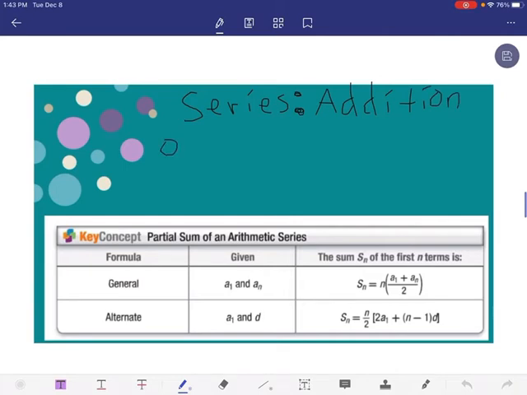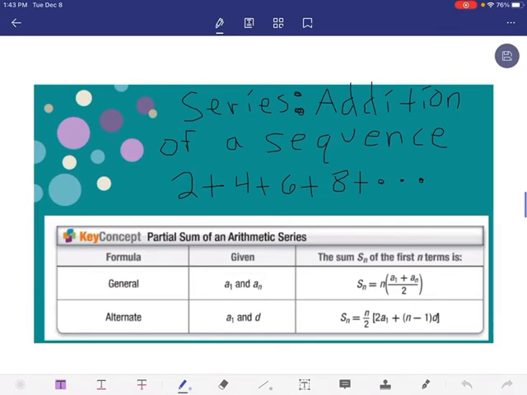So it is the addition of a sequence. So like with our example with our even numbers, we had 2, 4, 6, 8. But this time instead of putting commas, we're going to put plus signs in between each of my terms.